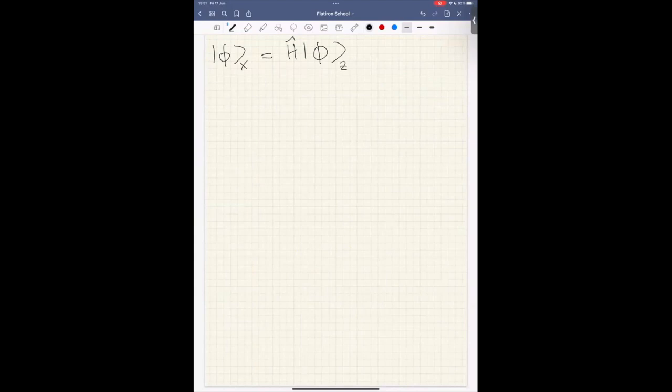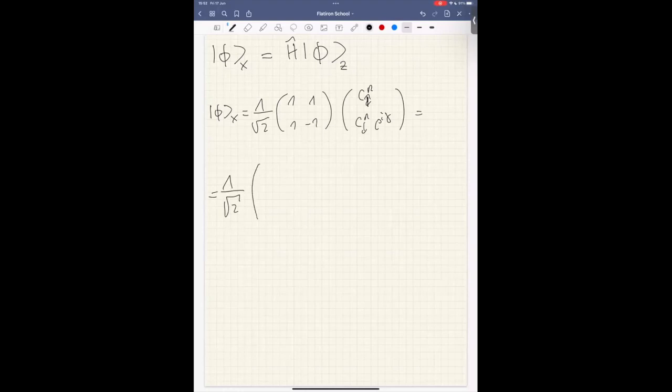So we will have that phi X is equal to 1 over square root of 2, times the matrix (1, 1; 1, -1), applied to (C up real, C down real e^{iγ}). Then this is 1 over square root of 2 times my coefficients in this new basis: C up real plus C down real e^{iγ} for the first component, and C up real minus C down real e^{iγ} for the second one. So this is the wave function in the new basis.